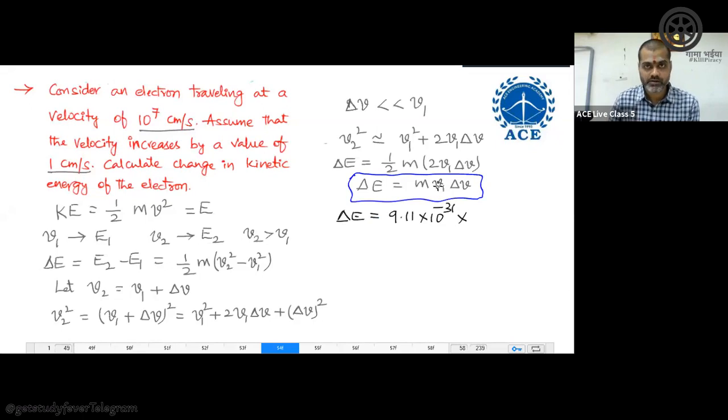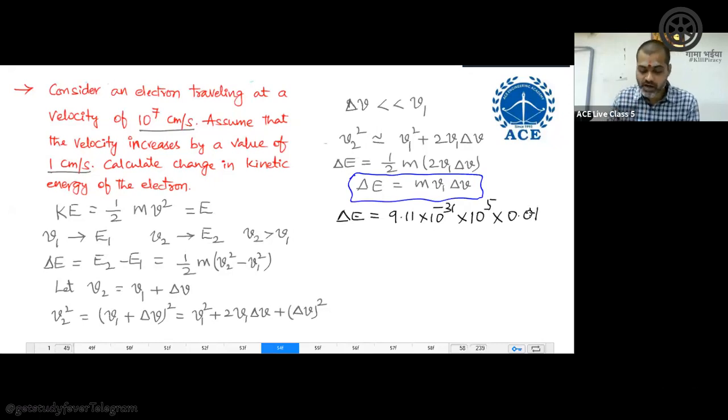The velocity I should write in meters per second, so it should be 10 power 5 meters per second, not 10 power 7, because given is 10 power 7 centimeters per second. Hope I am clear. Into, what about delta v? 1 centimeter means 10 power minus 2 meters. So it is 0.0. Be careful.